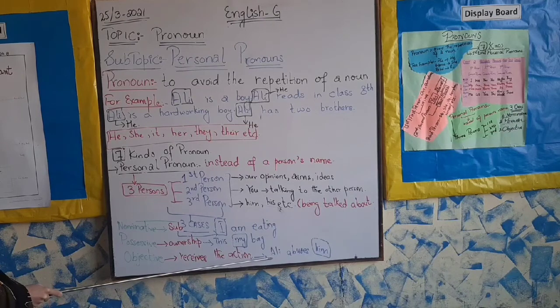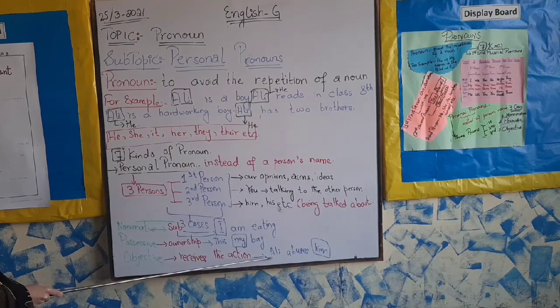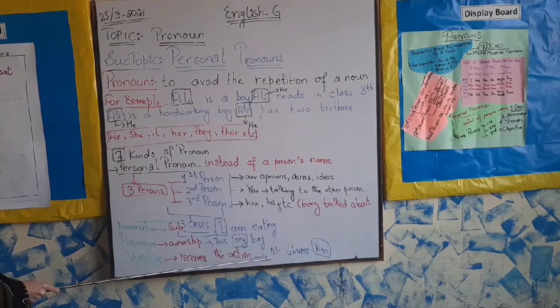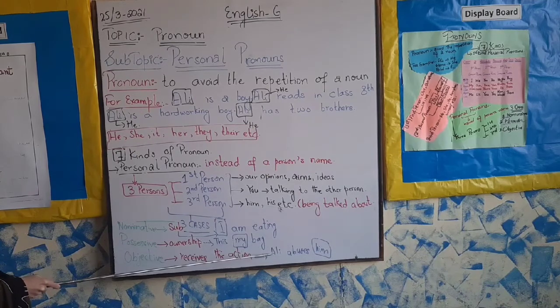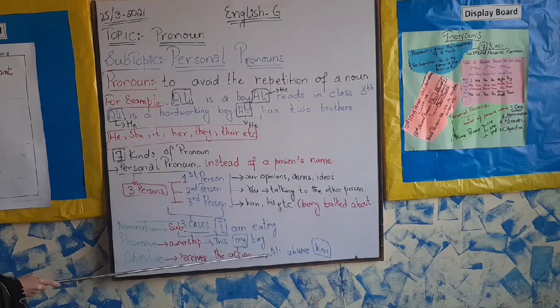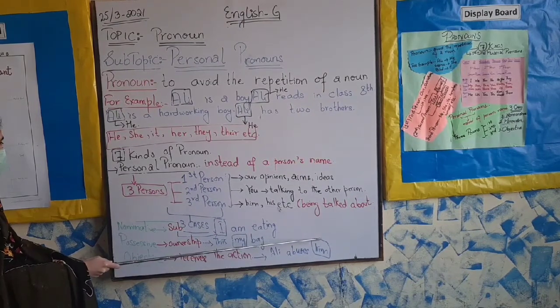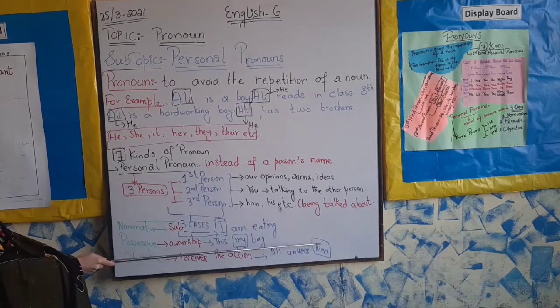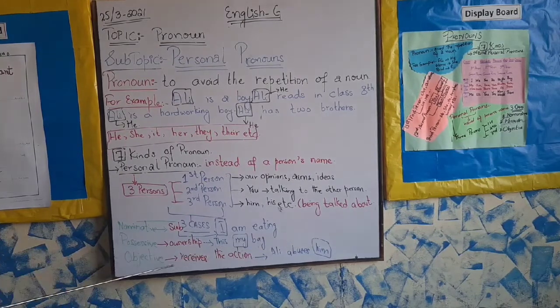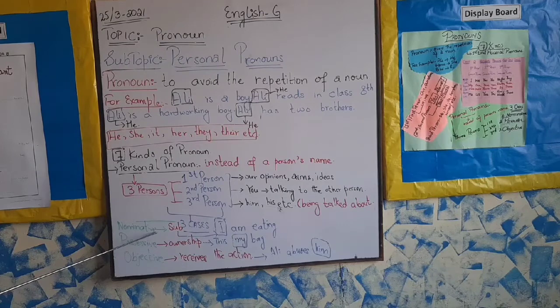Ali is acting like a subject or performing an action, so it is nominative case of personal pronoun, and the action that he is performing is received by him. So there him is objective case. What is nominative case?